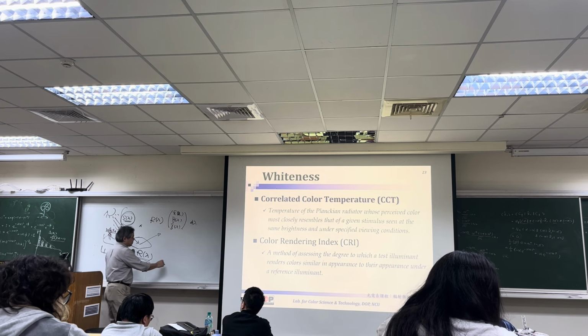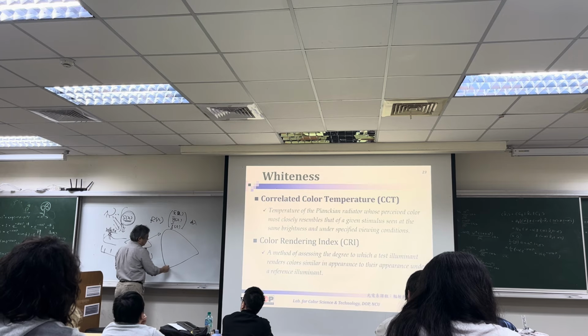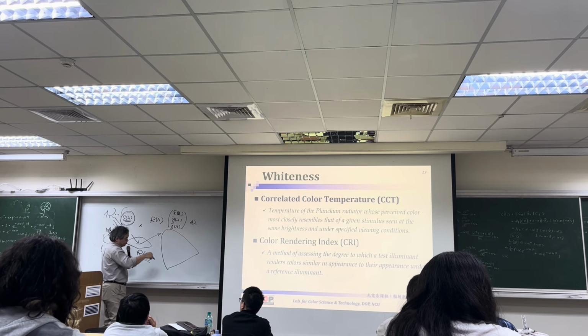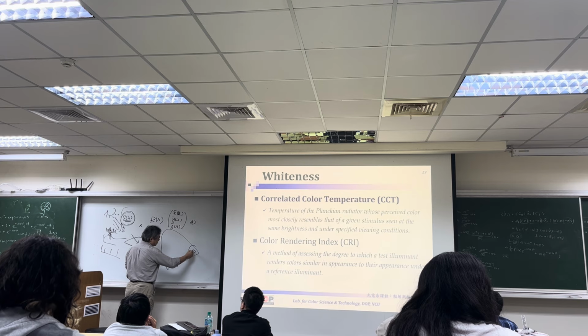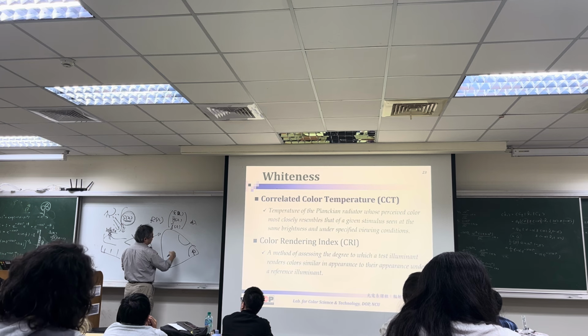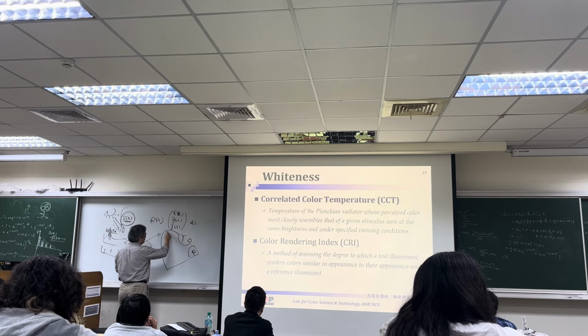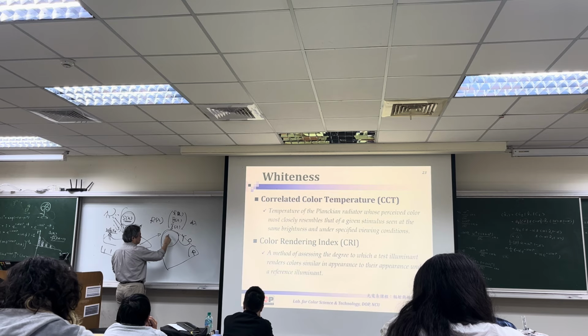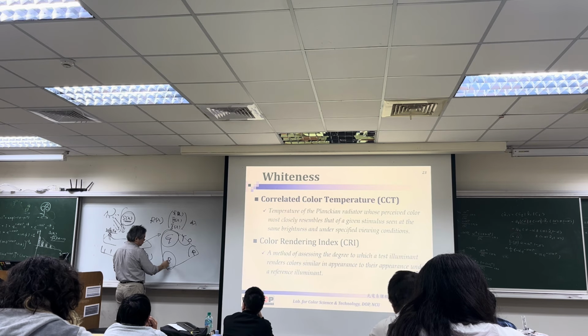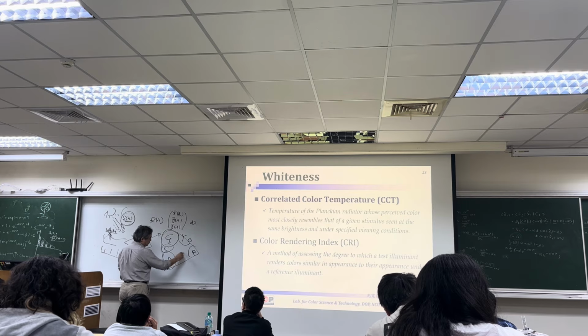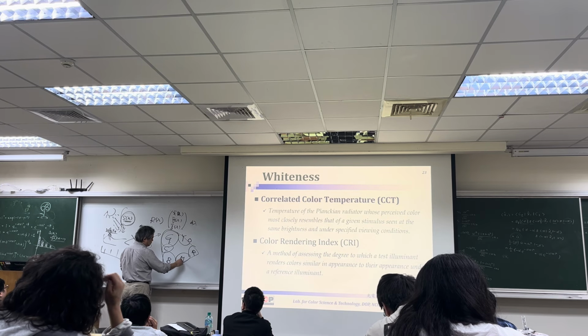But if we look at the chromaticity diagram, this corner is red. This region is orange and yellow, and this corner is green. This corner is blue. Okay, and here is cyan, purple, and magenta.